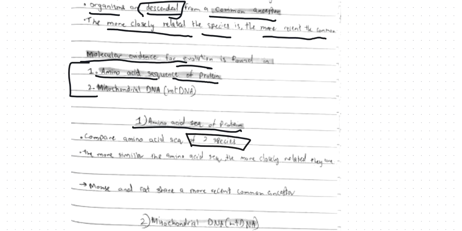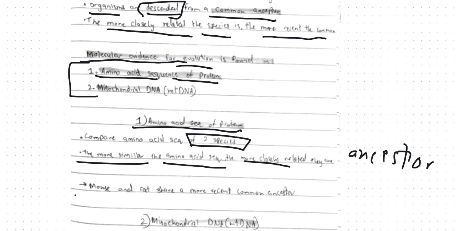The more similar the amino acid sequence is, the more closely related the ancestor is. So you can see that mouse and rat are very similar. They have a very similar amino acid sequence, so they share a more recent common ancestor.